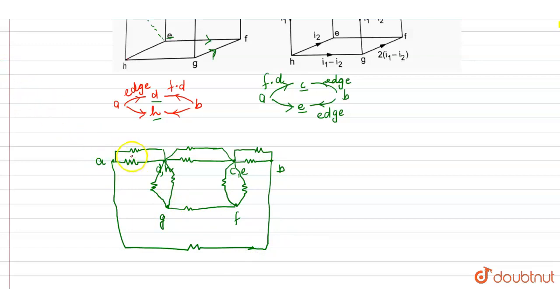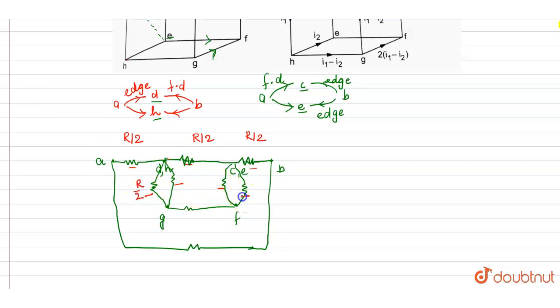Now we can see that this is R, this is R, so equivalent of these two is R/2. This is R, this is also R, both are connected in parallel, so equivalent is R/2. Similarly, this is R, so equivalent is R/2. That means I can replace these three resistances by a single resistance of value R/2.